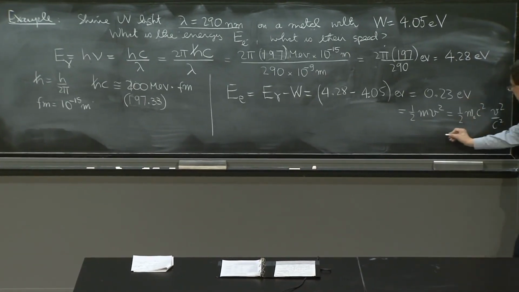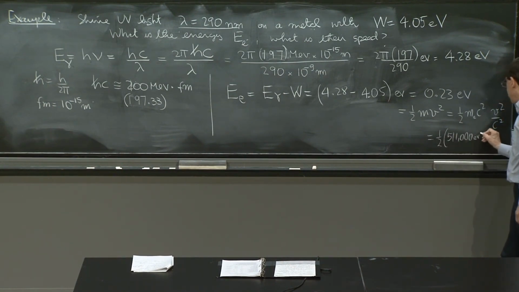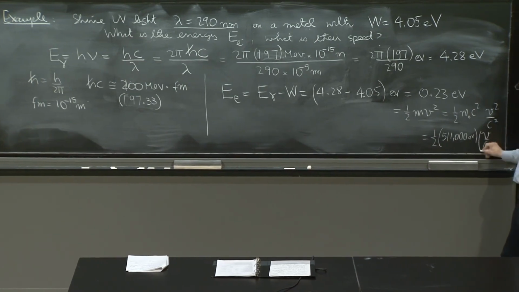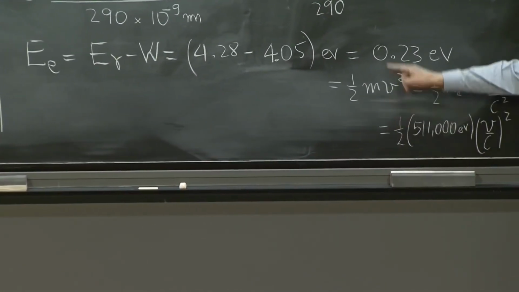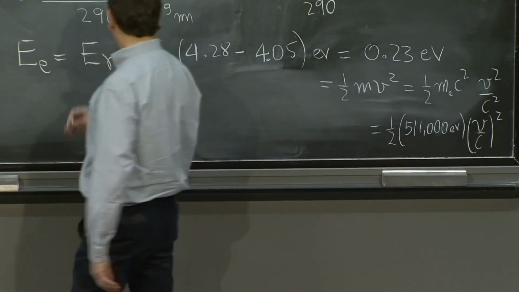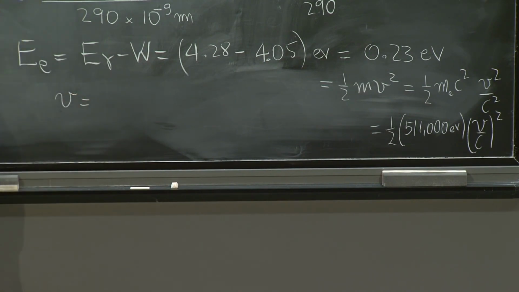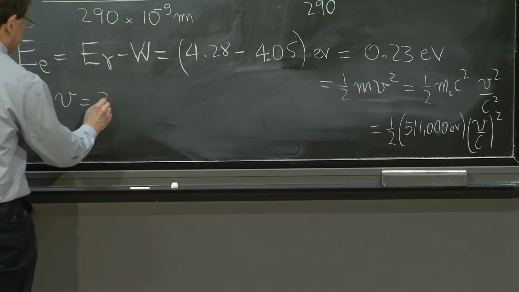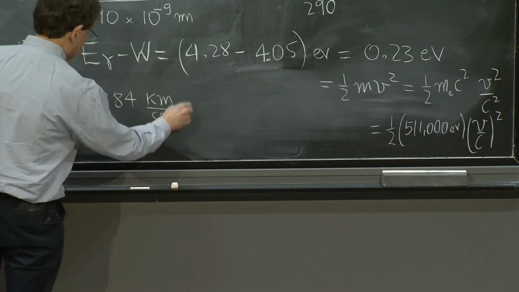This is 1/2 of 511,000 eV times v over c squared. So do the arithmetic. It's 0.46 over that, square root, and multiply by the speed of light. You can do this roughly in your head, and the velocity comes out to 284 kilometers per second. So it's pretty fast.